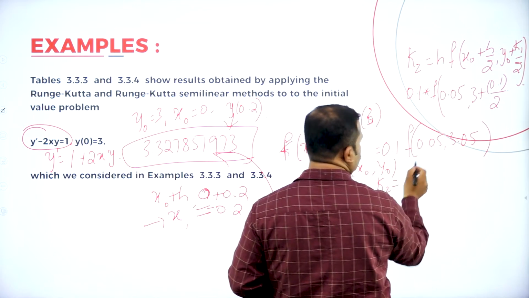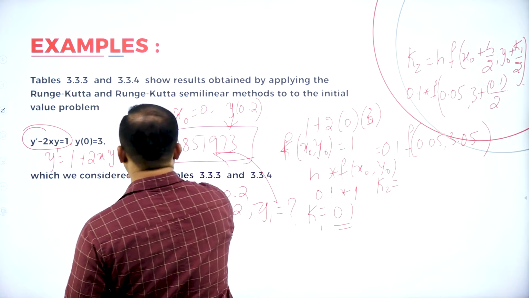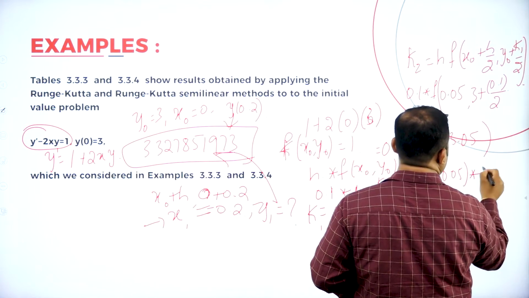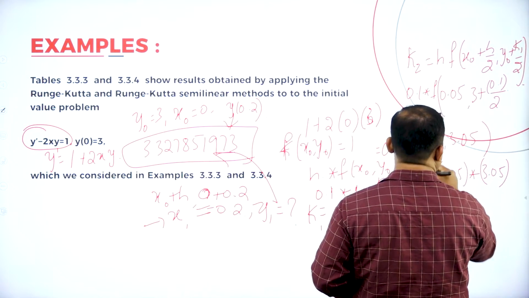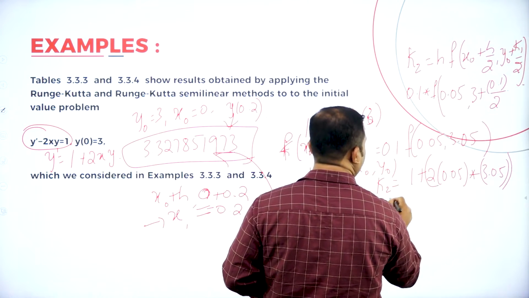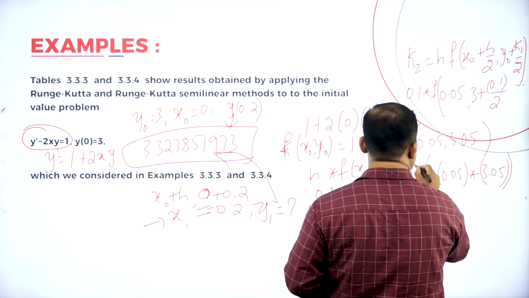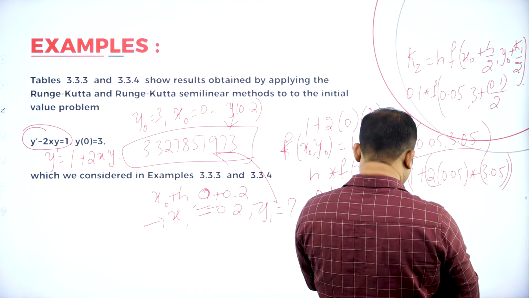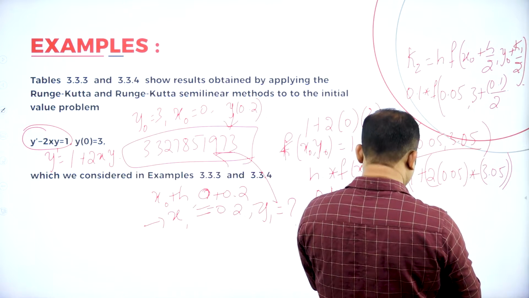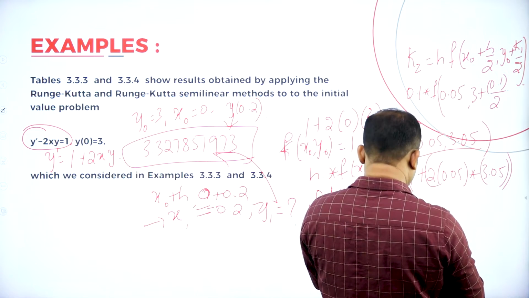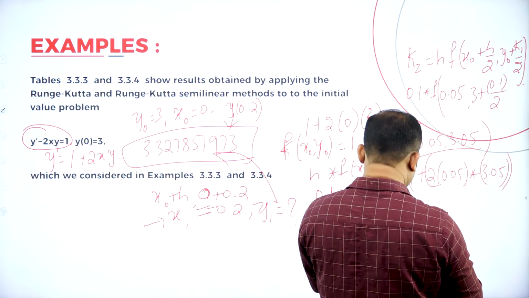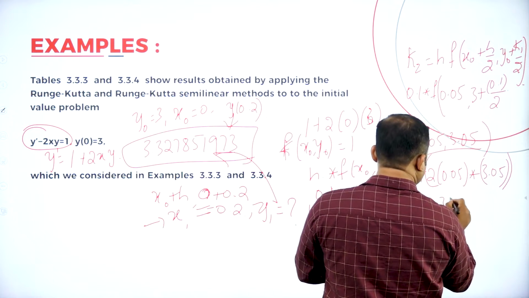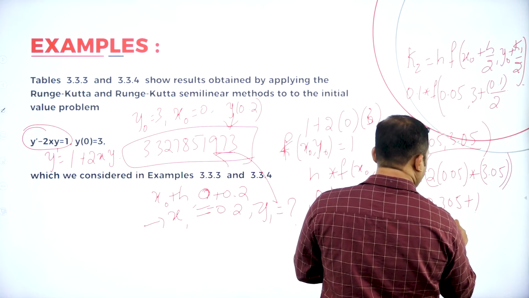That is k2 is equal to, that is this term, 1 plus 2xy. That means 1 plus 2 times 0.05 into 3.05. If I solve this, I'll get the value of f of this function. 2 times 0.05 into 3.05 is equal to 0.305, plus 1 is equal to 1.305.